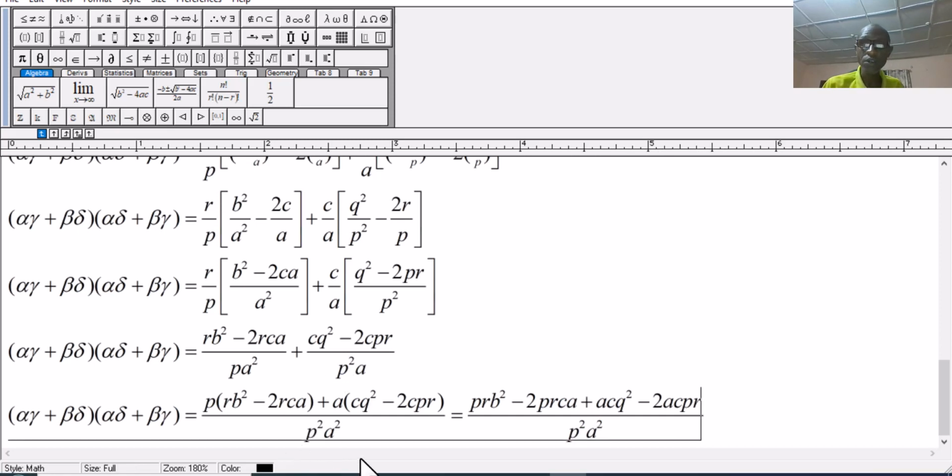So let's see whether there is anything common that we can add, subtract.